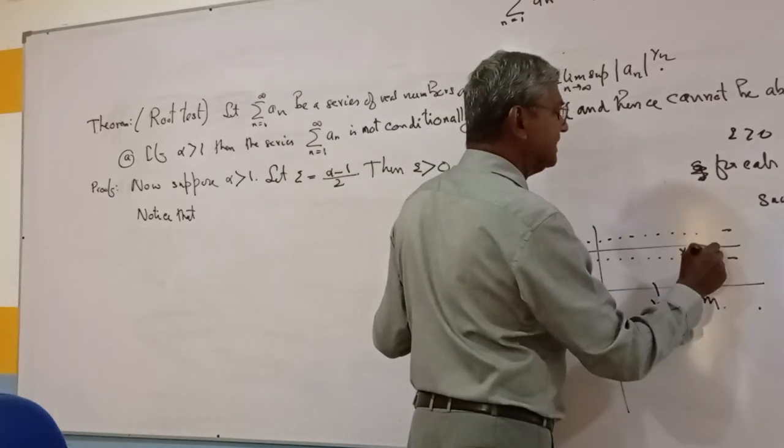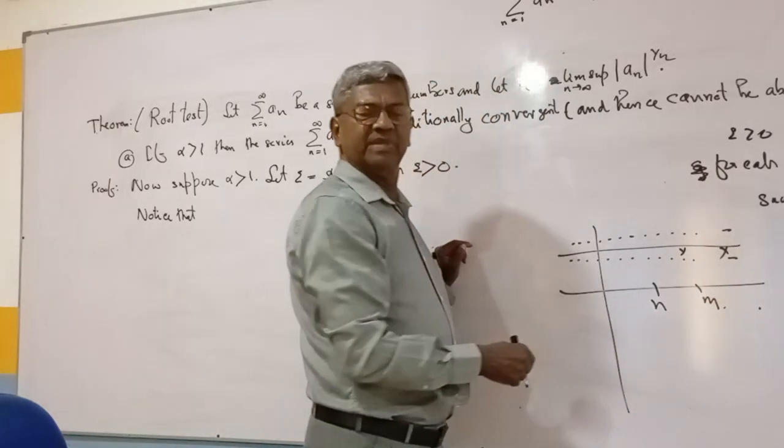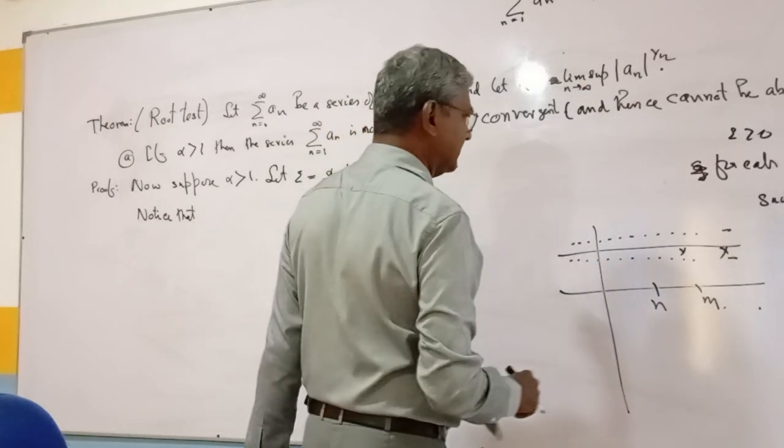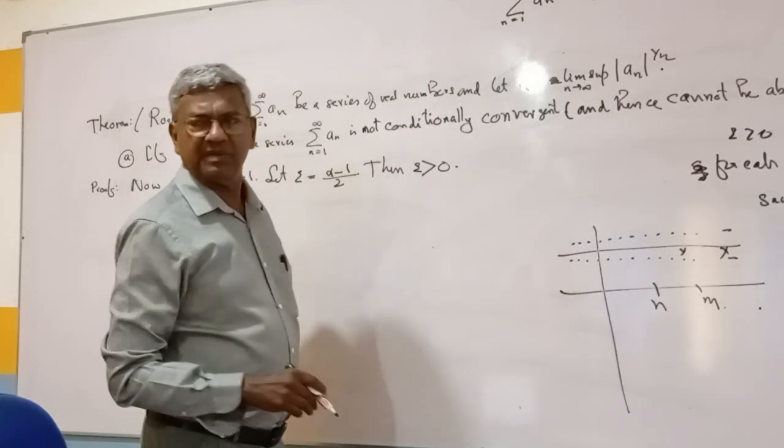Again, if you use m here, again something bigger, you get a subsequence greater than (1 plus alpha) by 2.